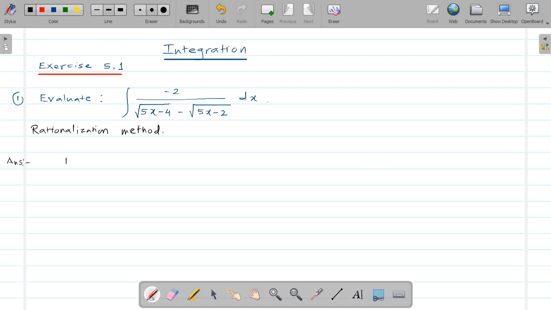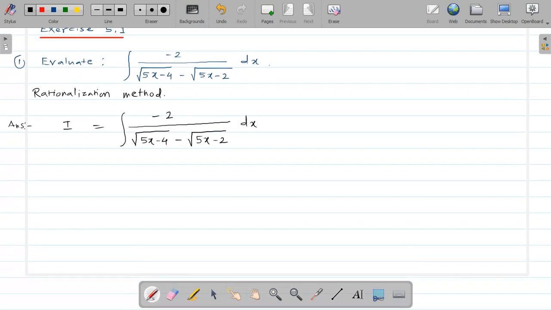See, I will write the given integration I is equal to integration minus 2 upon root of 5x minus 4 minus root of 5x minus 2 with respect to x. Now to integrate this, I will rationalize the denominator. So see the procedure.